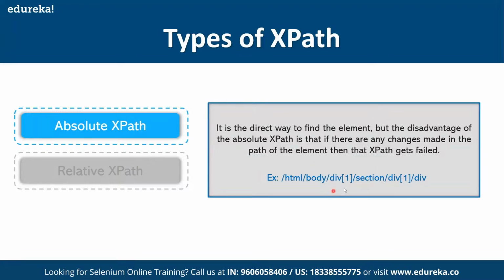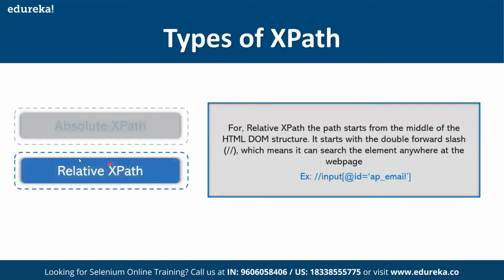These types of XPaths are known as absolute XPaths. It is a direct way to find the web element, but it has a very big disadvantage that within the next script run, this might fail. So we focus more on the relative XPath, the one that you have seen just now.